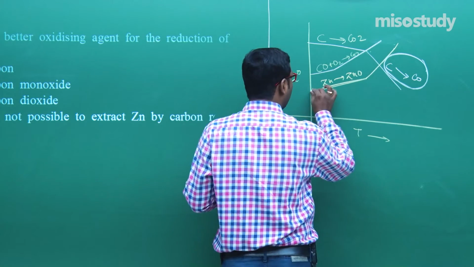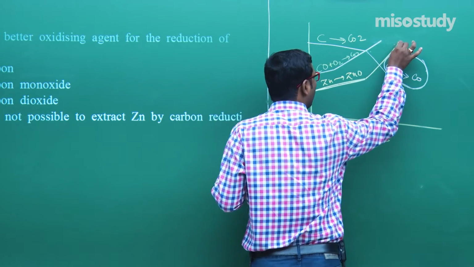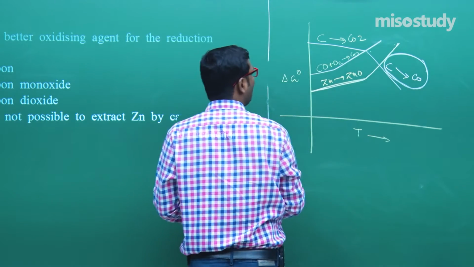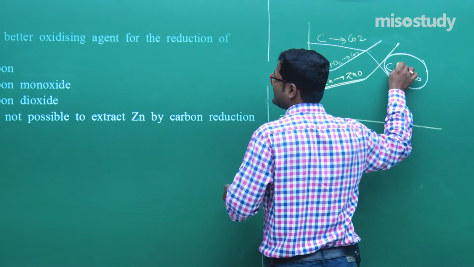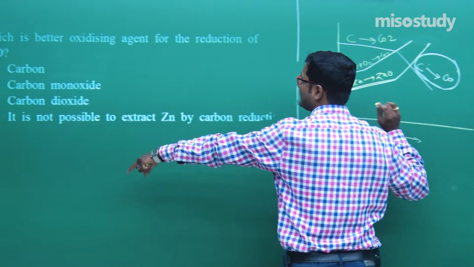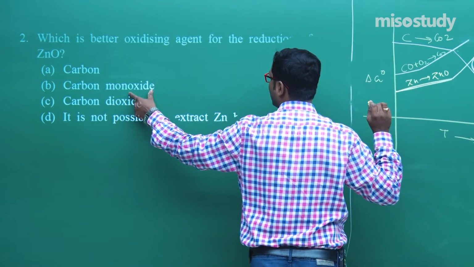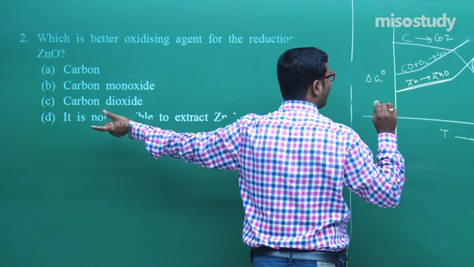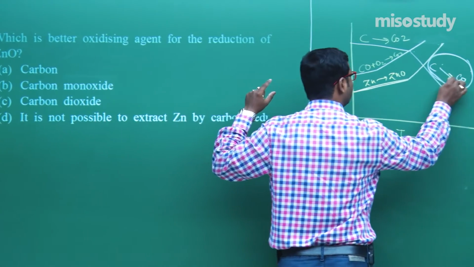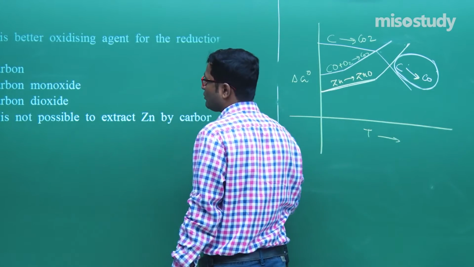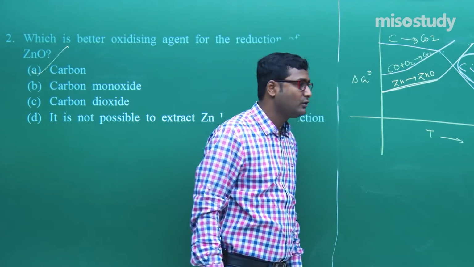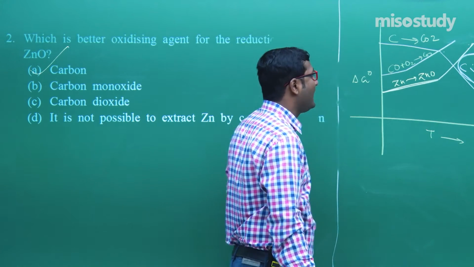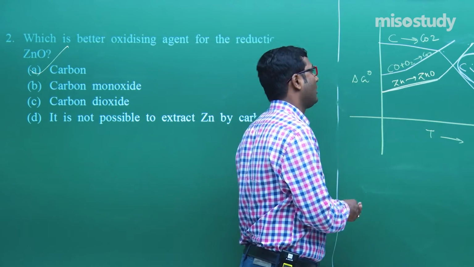Remember what I'm telling: by looking at this graph, we can easily predict that carbon is the best agent in comparison to carbon monoxide. Generally, carbon dioxide is not taken as an agent. So for this question, A is the correct option. Clear to you what I'm telling? For this question, A is the correct option.